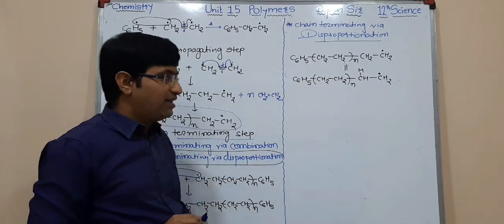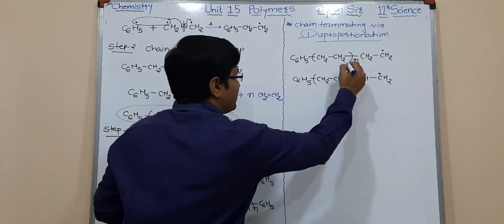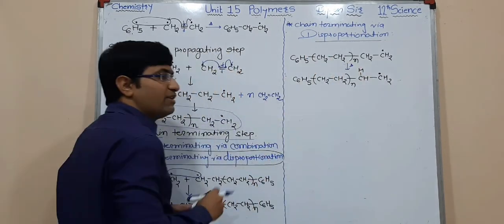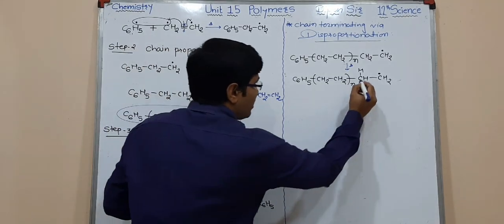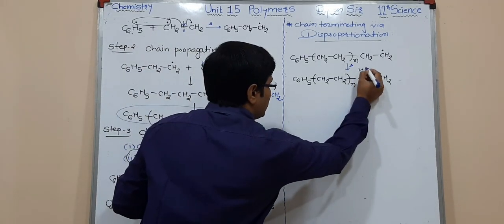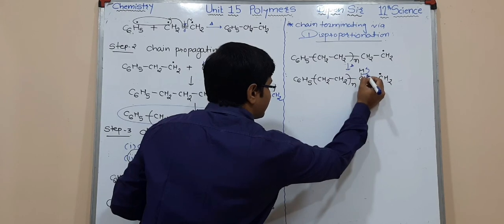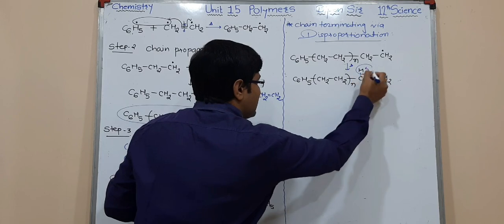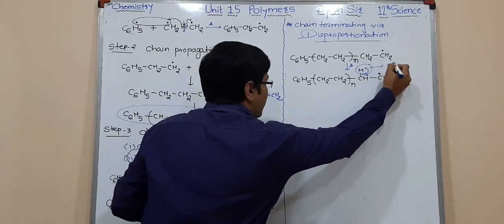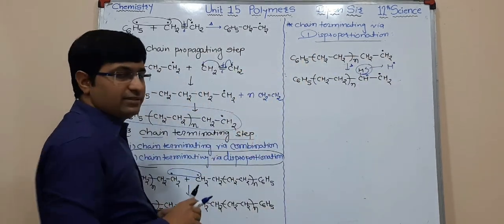Because sunlight is present here, we are exposing this mixture to heat. That's why homolytic cleavage takes place and this CH2 releases hydrogen in the form of hydrogen free radical.